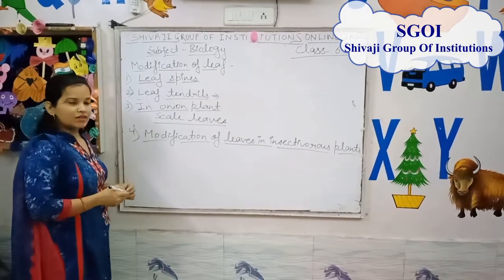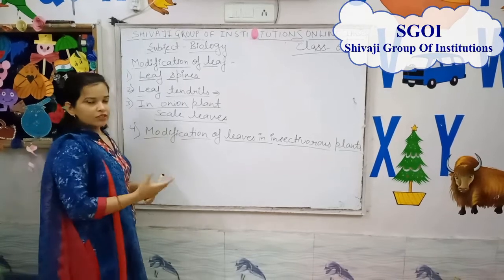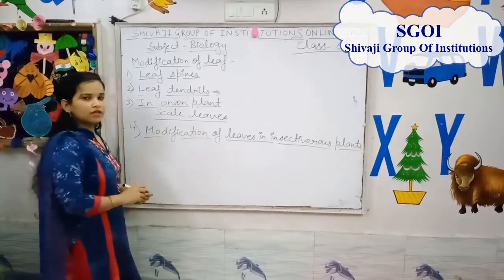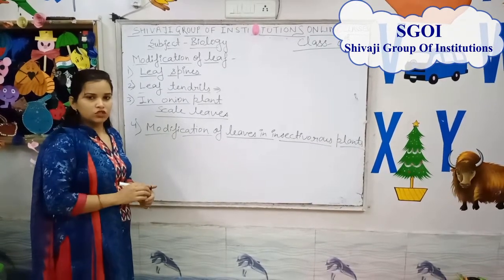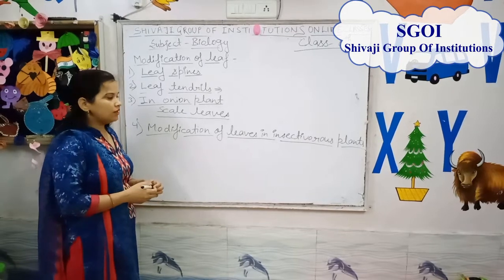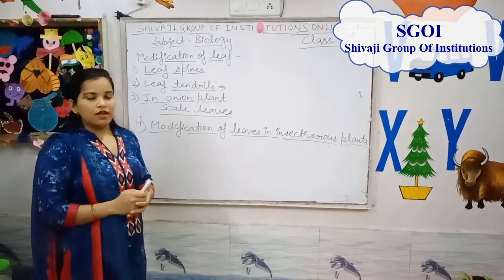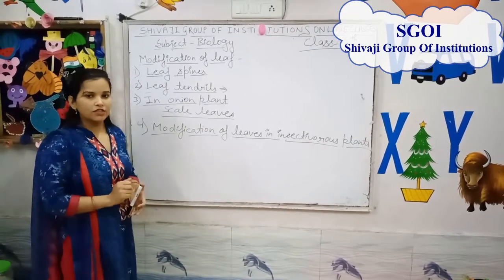Students, in some plants, leaves are modified in various ways. This modification is basically found in areas where the soil is not rich in nutrition. So the plant doesn't get nutrition from the soil, and for nutrition they catch insects and digest them.